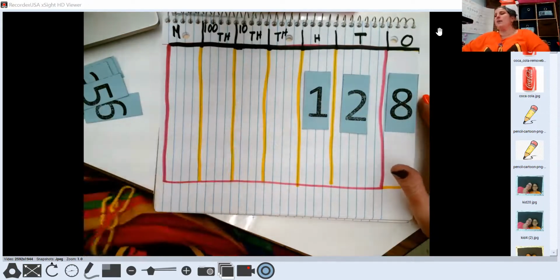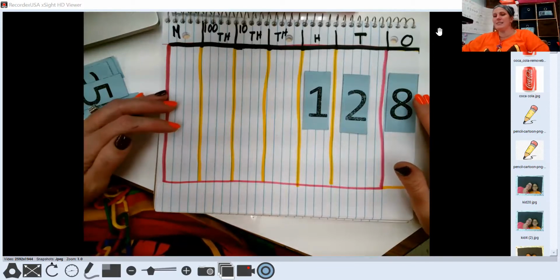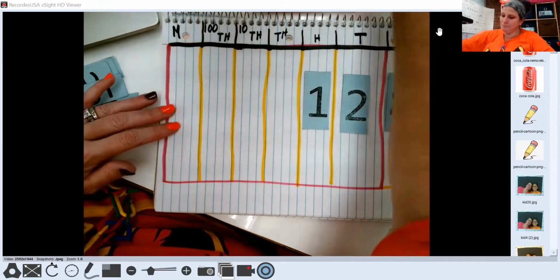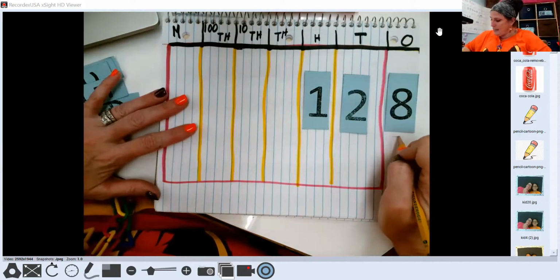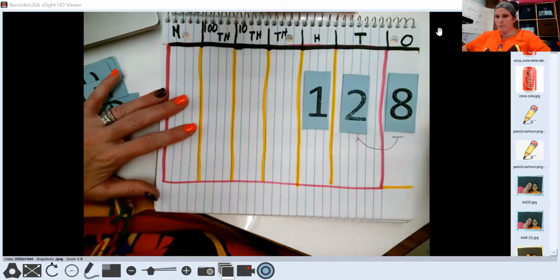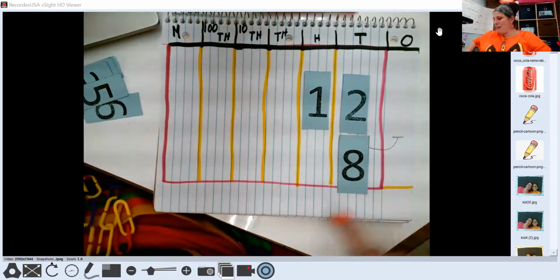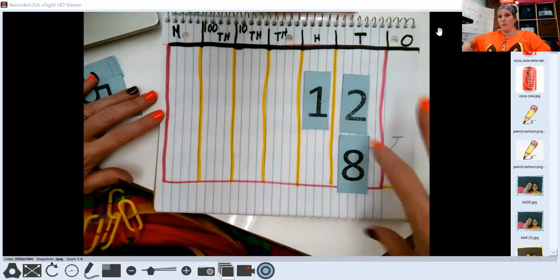Now, the second part of this is that the largest digit has to be in the tens place. For us, that is saying that my largest digit, which is the 8, has to be in the tens place. So I'm going to move that here. But we cannot have more than one digit in a place value. The house is too small, they don't fit.